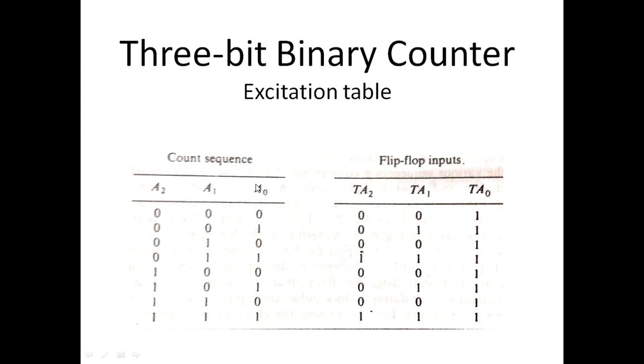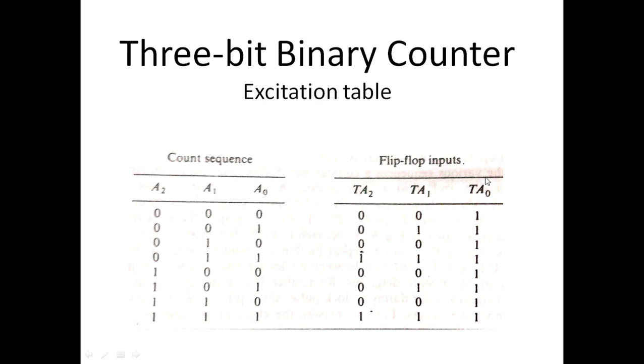And we get these sequences from the outputs of the 3 flip-flops. The output of the flip-flop 0 is A0. The output of the flip-flop 1 is A1. The output of flip-flop 2 is A2. So these are the outputs of the 3 flip-flops, which are the state of the flip-flops, and that is actually the output of this sequential circuit.